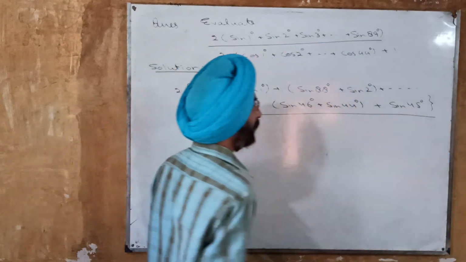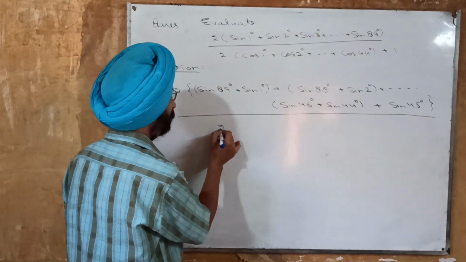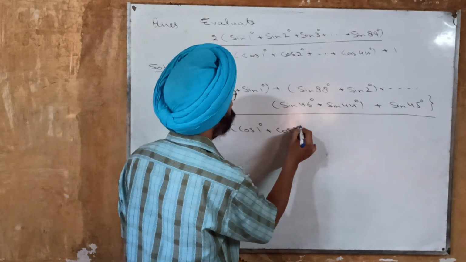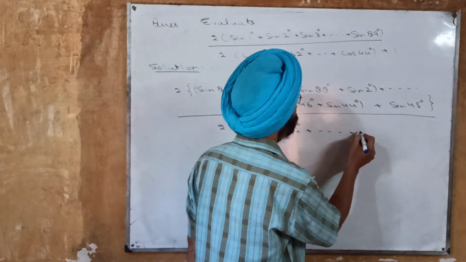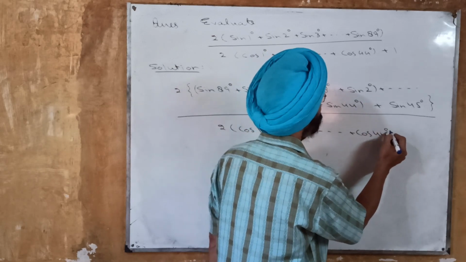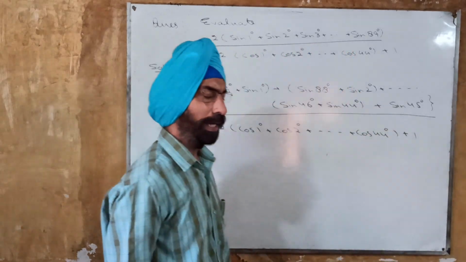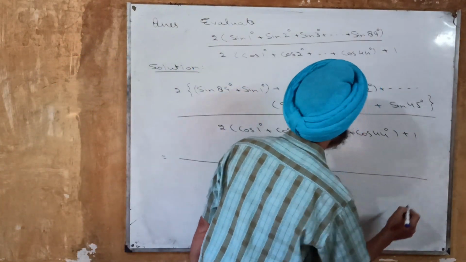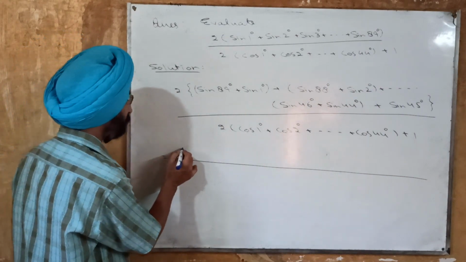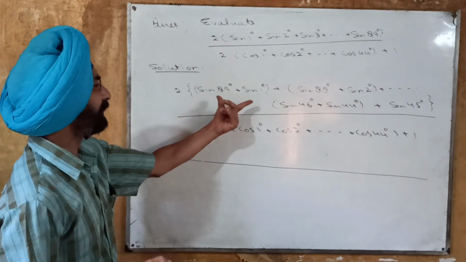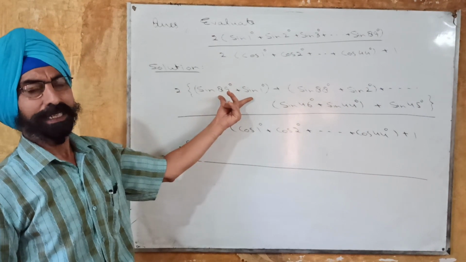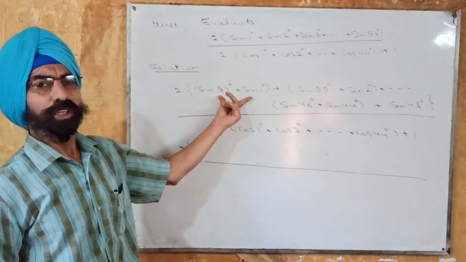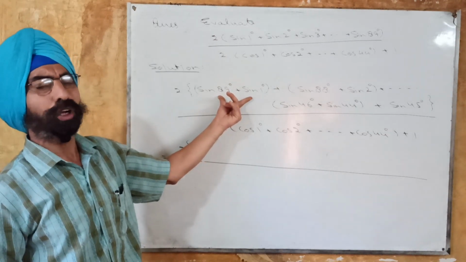This term will be left alone. In the denominator, you have 2 times (cos 1 degree plus cos 2 degree plus and so on plus cos 44 degree) plus 1. Now it is further equal to, the 2 is outside here, and this is sin A plus sin B, and we know that sin C plus sin D is 2 sin((C plus D) by 2) cos((C minus D) by 2).